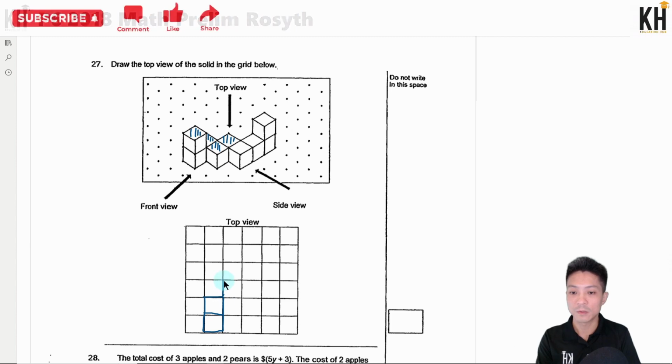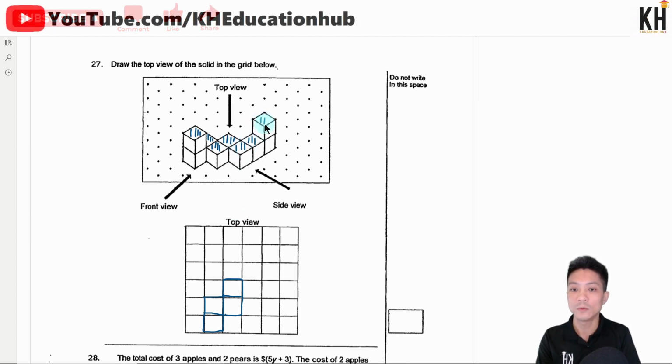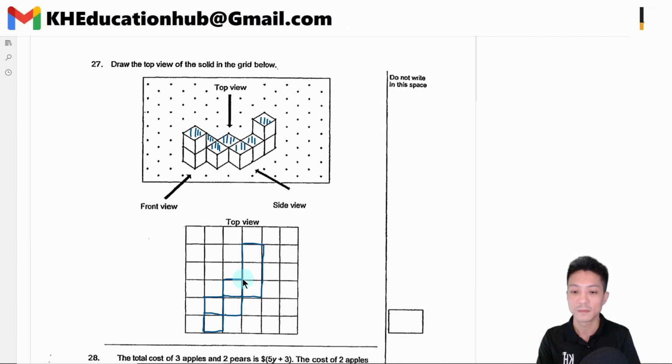This part here will look like this. Okay, then next I'm gonna draw this 1, 2, 3 top view. So it's gonna start from here. 1, 2, 3. Okay, so this will be the top view.